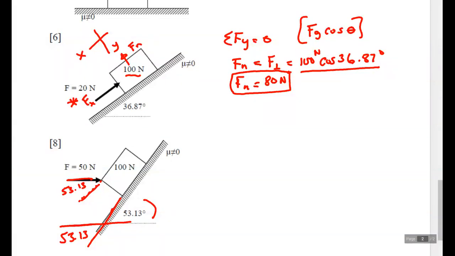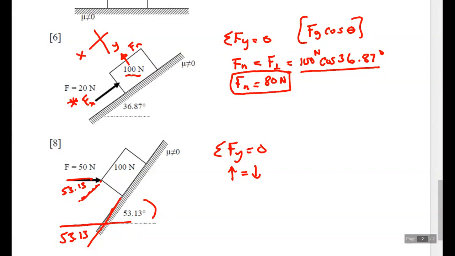Okay. So the sum of the forces in the y direction, we want to find the normal, equals 0. The normal acts in the y direction. All right, so there we could say the up forces equal the down forces.